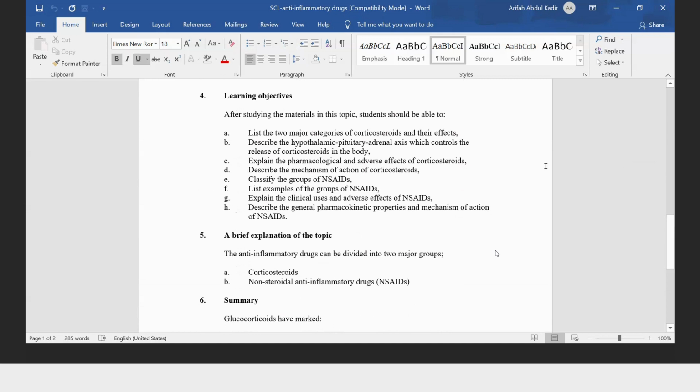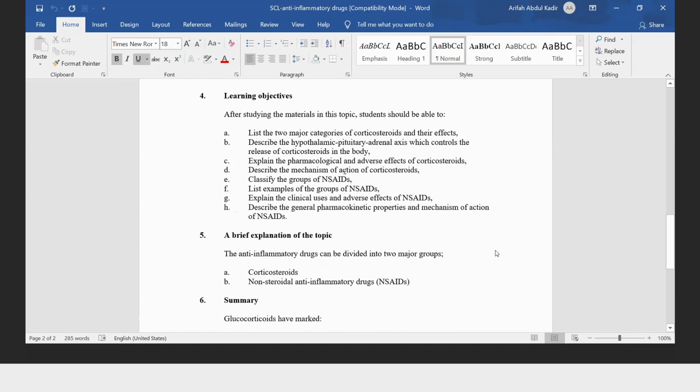And the learning objectives of the topic. So we concentrate on two: corticosteroids and non-steroidal anti-inflammatory drugs.